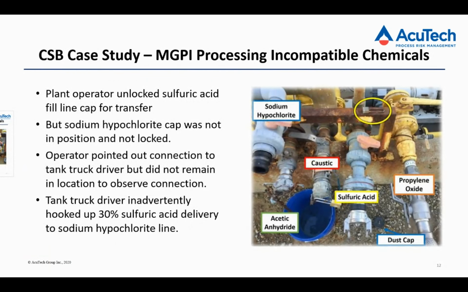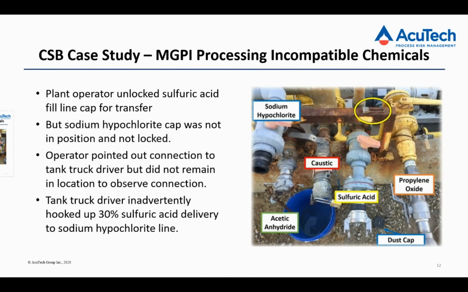The fill connections were located behind the lock gate, and each of the fill connections had a locked dust cap. So normal operation was for the truck to arrive after they went through the regular paperwork process. The truck would come to the unloading location. The operator would unlock the gate, open the gate, and unlock the proper line cap for the truck driver.